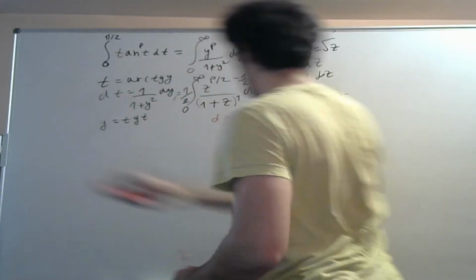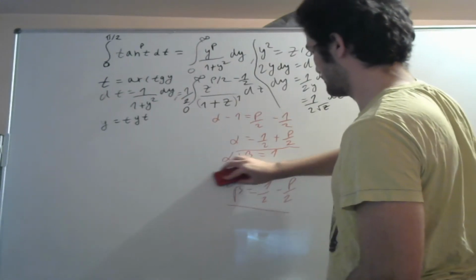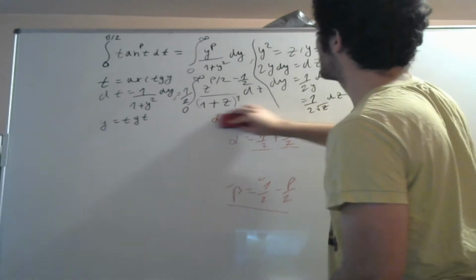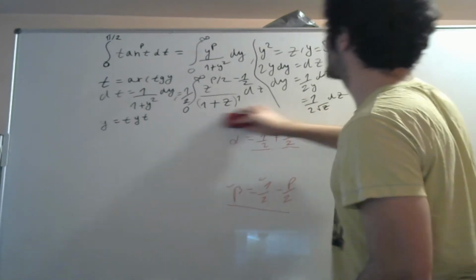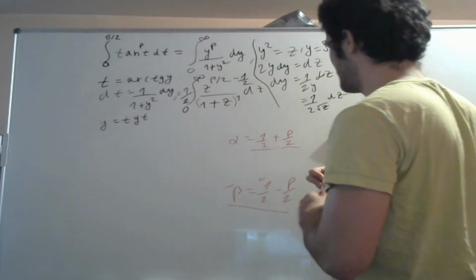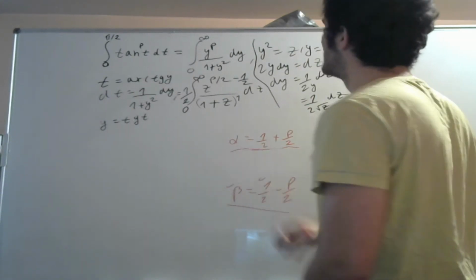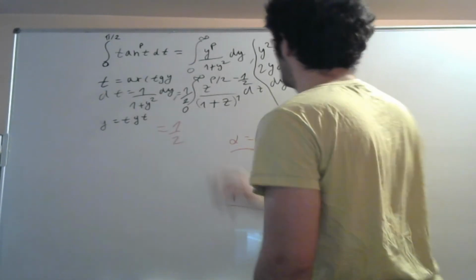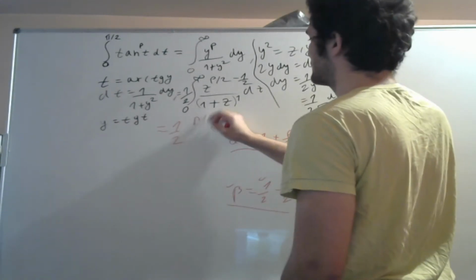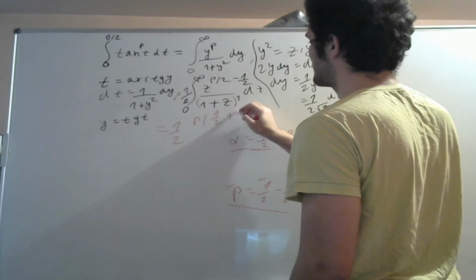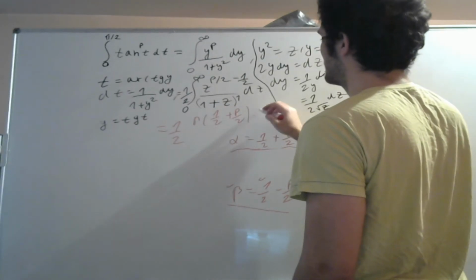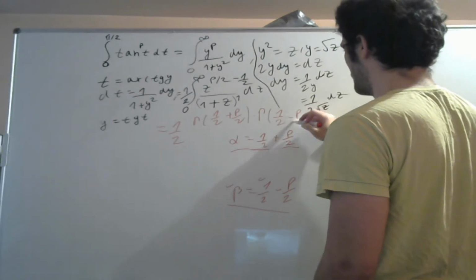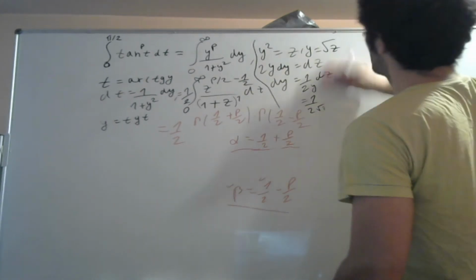Okay, let's erase other things so we have some space. I won't derive the beta function now because it will take too long, but maybe in another video. Now we will have 1/2 gamma of 1/2 plus p over 2 times gamma of 1/2 minus p over 2.